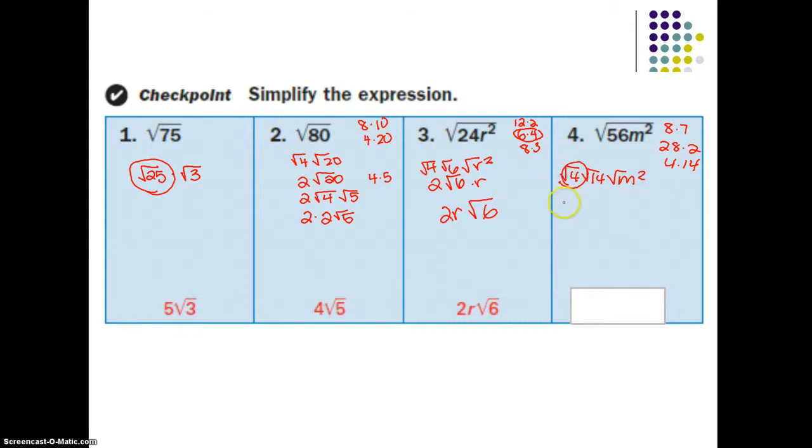So, simplify the square root of 4, which is 2. 14, you can't do anything to. M squared becomes just M. Now, 14, let's see, I could do 7 and 2, but that's still not going to be perfect, so it's not going to help. So I have 2M square root of 14.